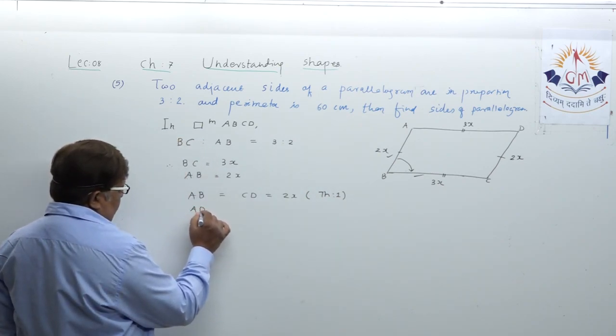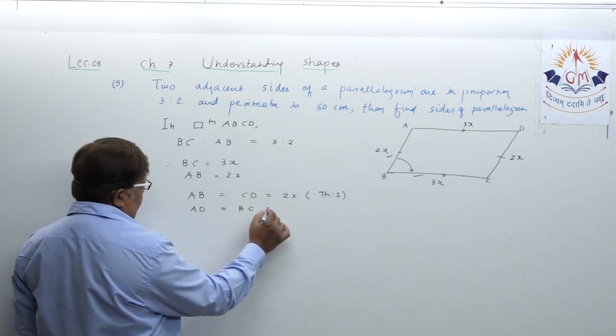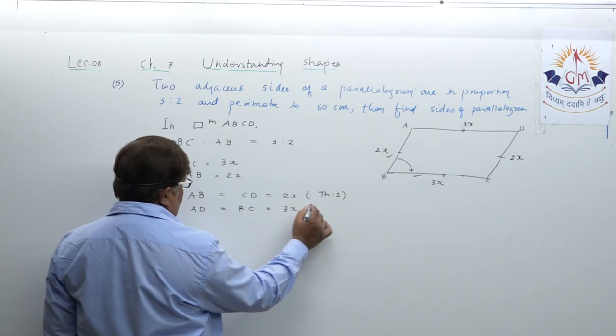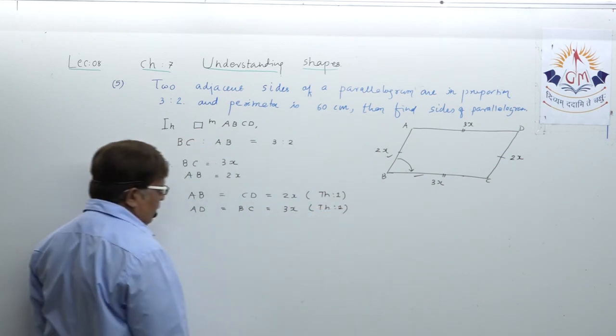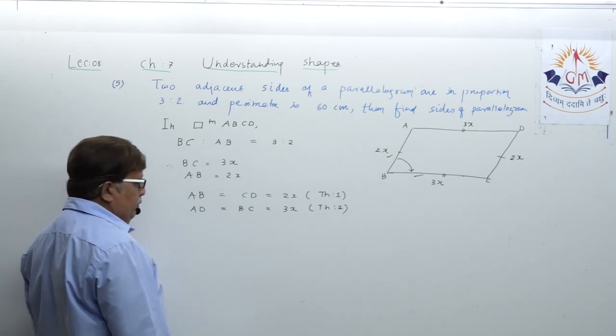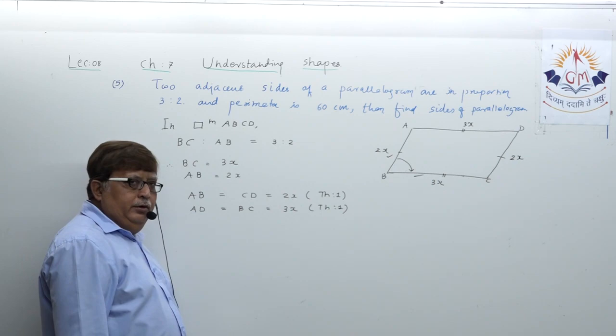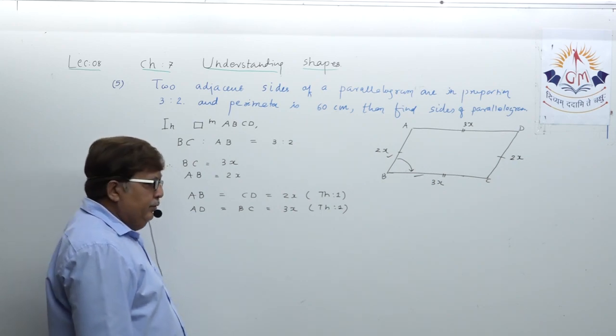Then you will write AD equal to BC equal to 3x, theorem 1. You got measures of all sides in reference to x that we got.